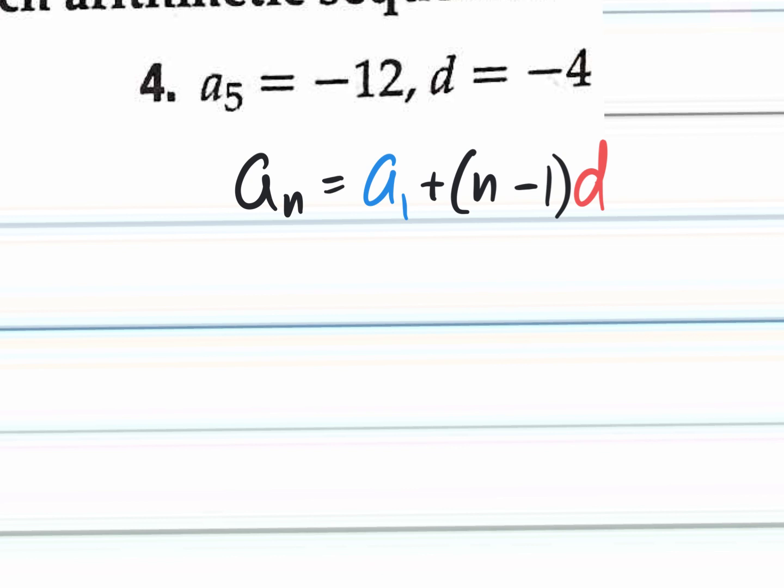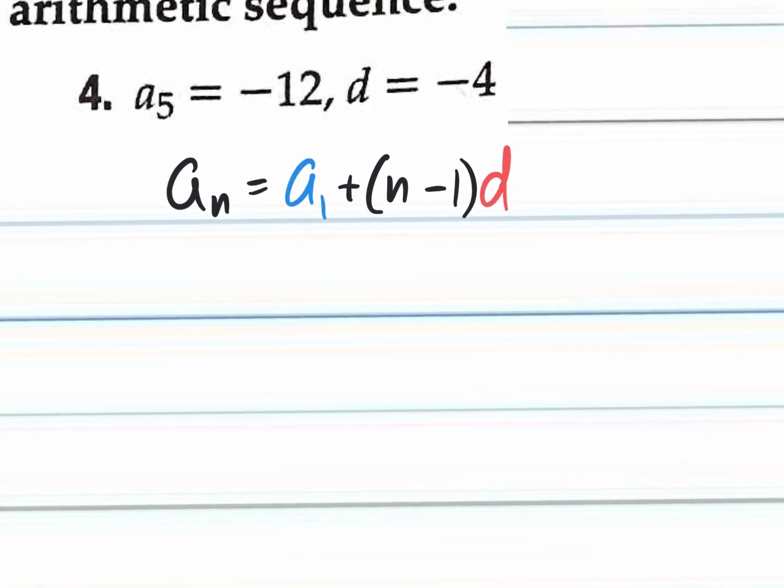Okay, so what are the 2 things that we need to write this formula? A sub 1 and common difference. Do we have a sub 1? No, we don't have a sub 1, but we need it. Do we have the common difference? Yes, it's negative 4. Okay, so we're going to plug in what we know to find out what we don't know. So we know that the d is negative 4.